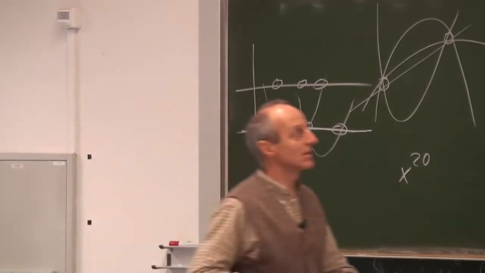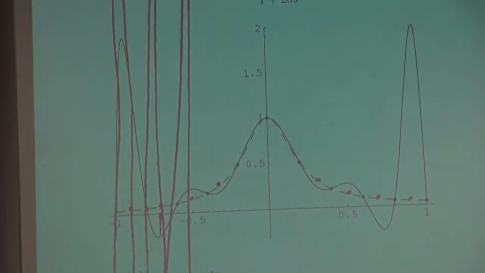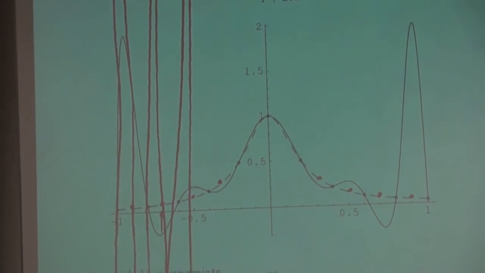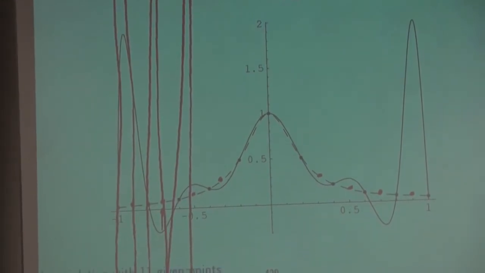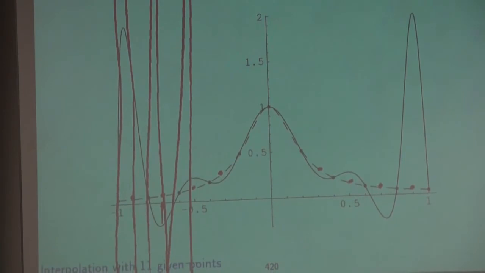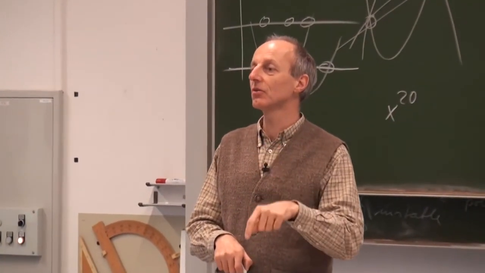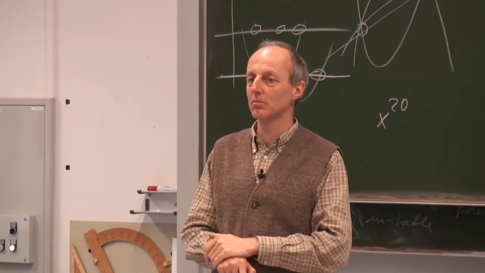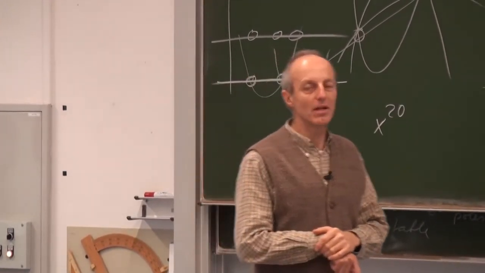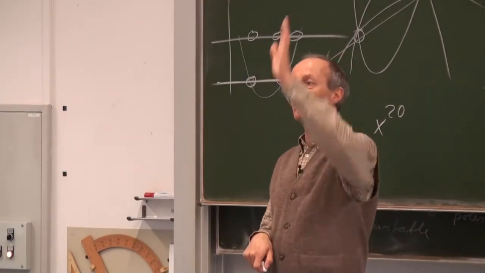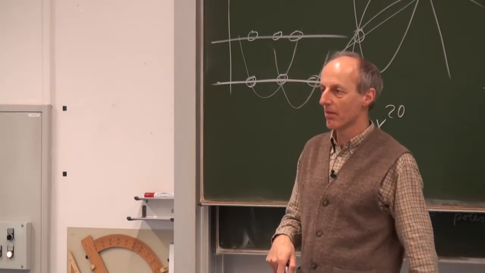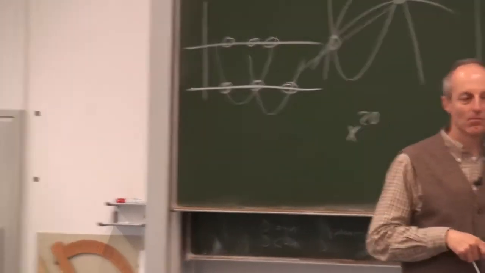Obviously, the slope here at the margin of the interval is much higher than it was before. So it's not a good idea to add extra points for our polynomial. Because with every new point, I increase the degree of the polynomial. And the polynomial has to go to infinity very steeply. That's the problem we have.